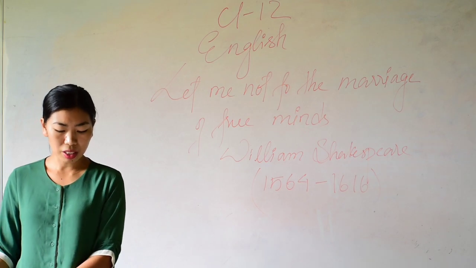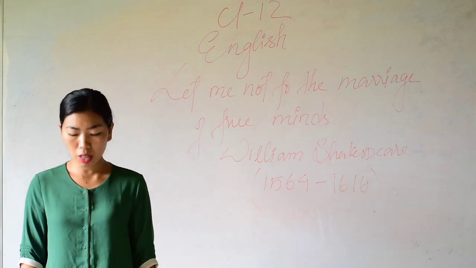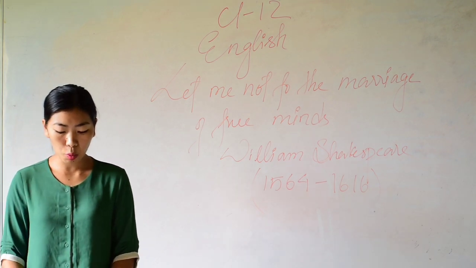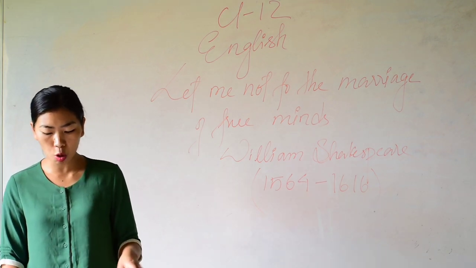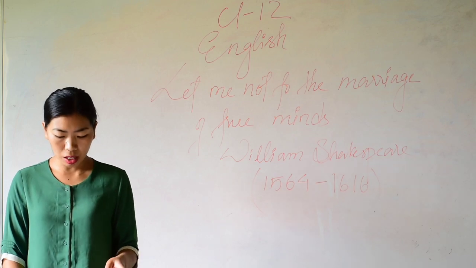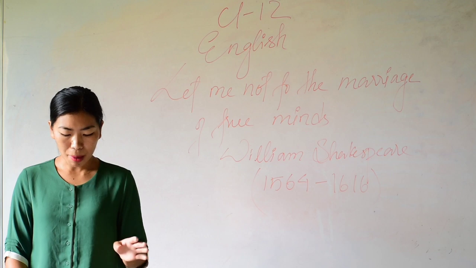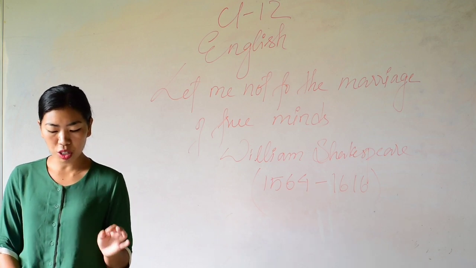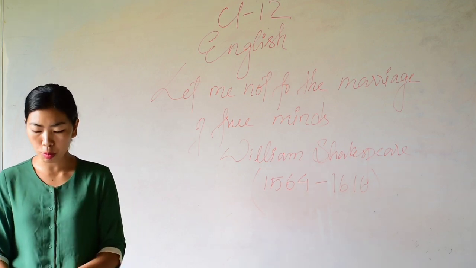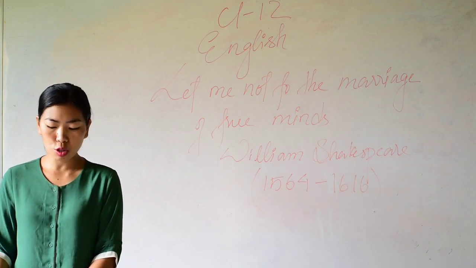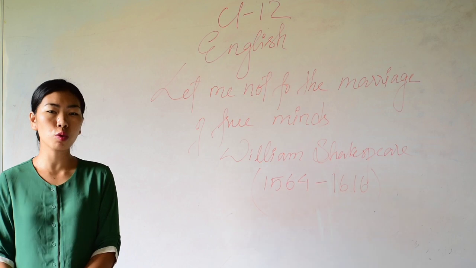In the third quatrain it reads, love's not time's fool, though rosy lips and cheeks within his bending sickle's compass come. Love alters not with his brief hours and weeks, but bears it out even to the edge of doom. In this third quatrain, he says that love is not time's fool.